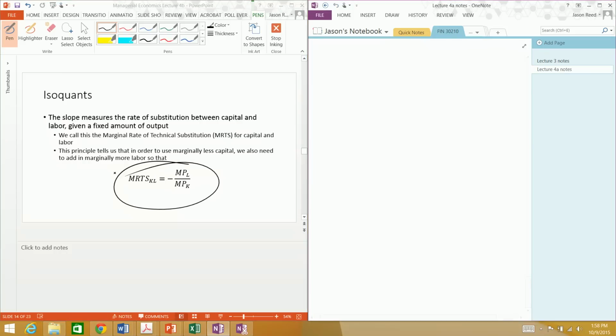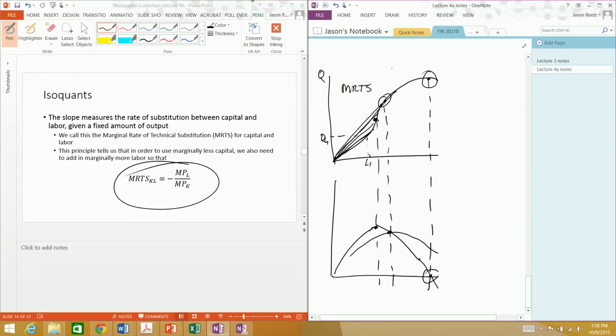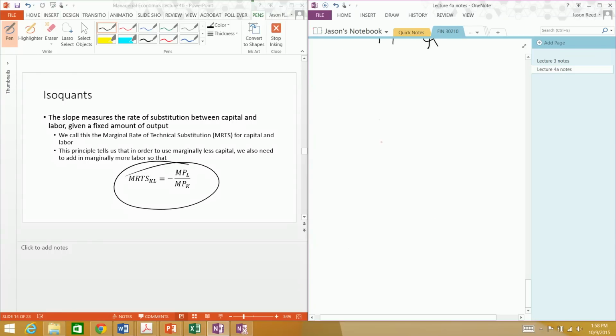If we think of the MRTS as changes in capital over changes in labor, and we say that that's equal to the negative MPL over MPK, let's rearrange this so that we get MPK times the change in capital is equal to the negative MPL times the change in L.